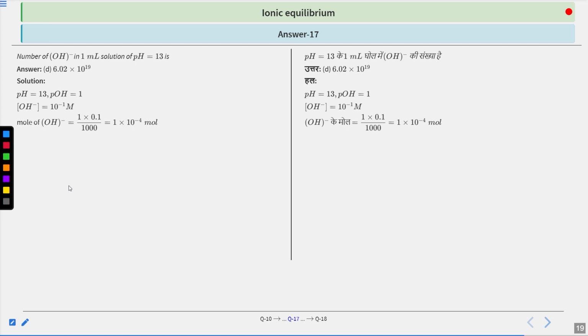So that is the moles of OH minus. Now what is its concentration or its ions per milliliter? It is 1 into 10 to the power minus 4 times 6.022 into 10 to the power 23, and 6.02 into 10 to the power 19 is what we get on calculating. Okay, so after calculating, this is the OH minus number.